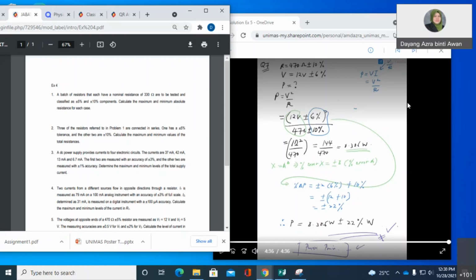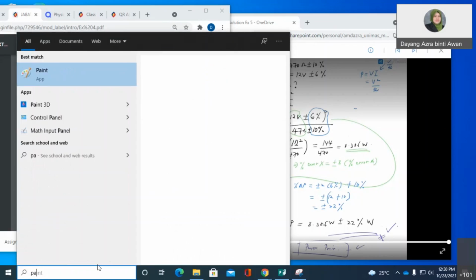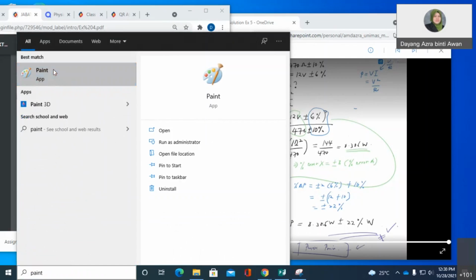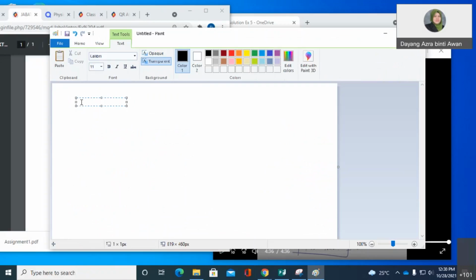Okay, so for example, how can you find the error of 1 divided by R2? Let me try to find a pen. That's why we change it to the real value, the value for the multiplication.